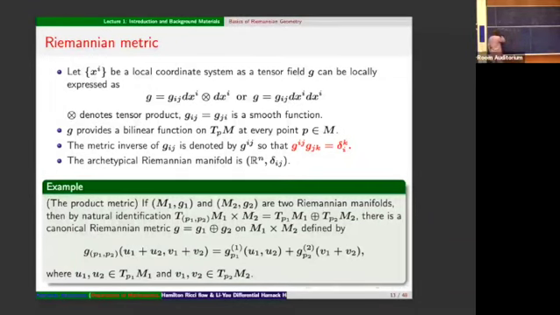You pick P1 from M1, and another point on M2. Then, since this is a product, you can define the tangent space of the product.